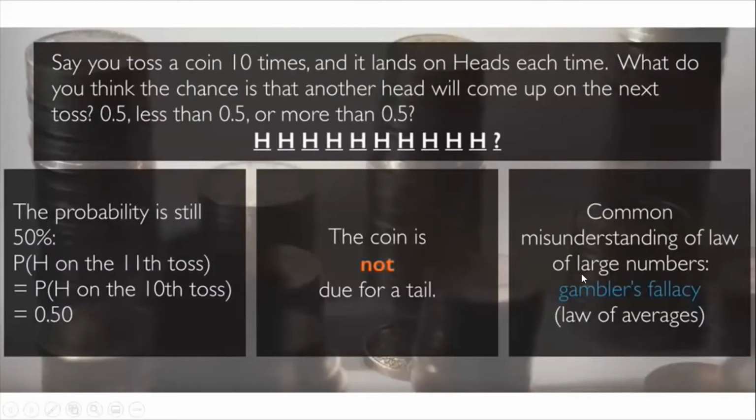Anyway, here is the key point. When you toss a coin, we think of it as a trial, or as an experiment.